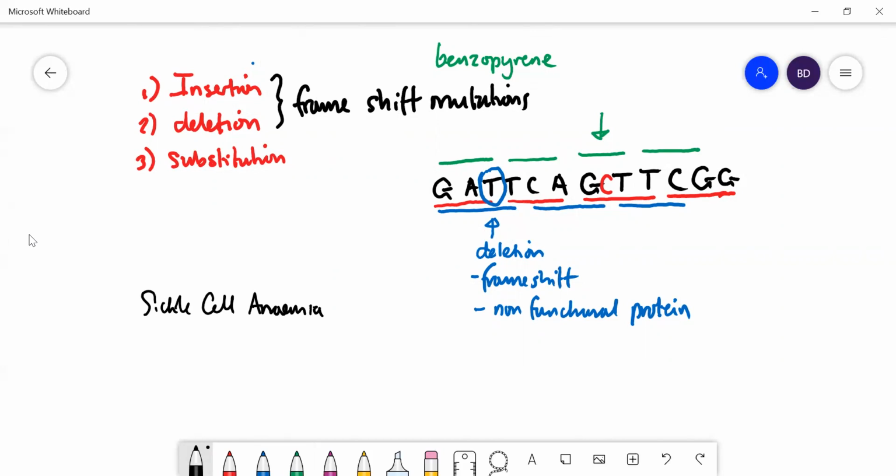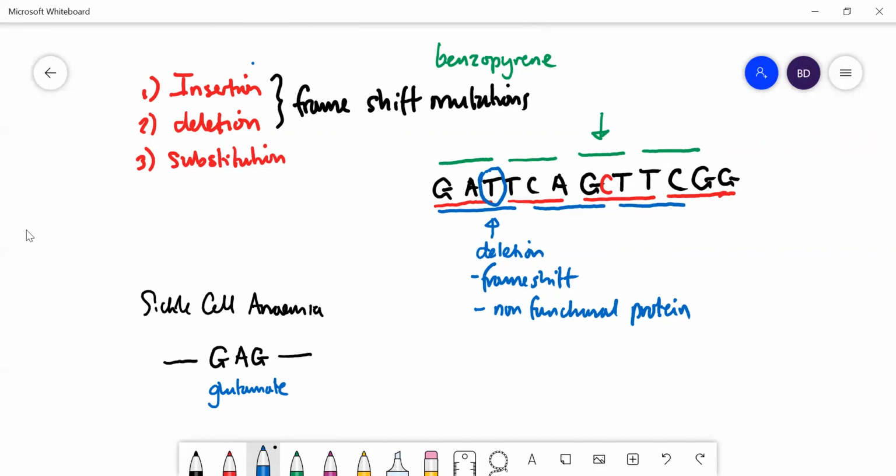Now, in normal hemoglobin, you have a triplet code GAG, which will give you the amino acid glutamic acid. So that's glutamate there. Now what happens is you get a single mutation of a base.